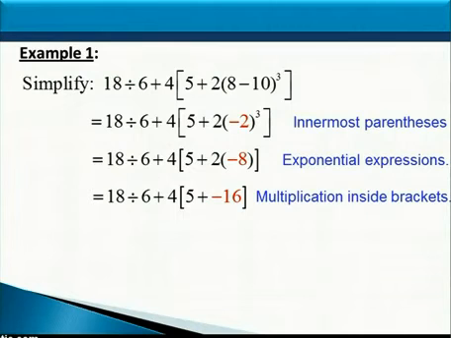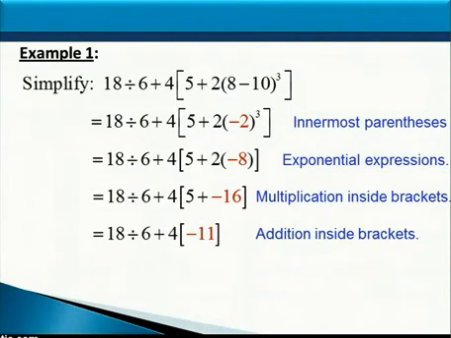That leaves us with only the addition left inside the brackets, so we'll perform that next. 5 plus -16 is -11. So now everything inside the brackets is complete. We still have the brackets there to denote the multiplication of 4 that's outside the brackets, but otherwise we're done with all the grouping symbols.